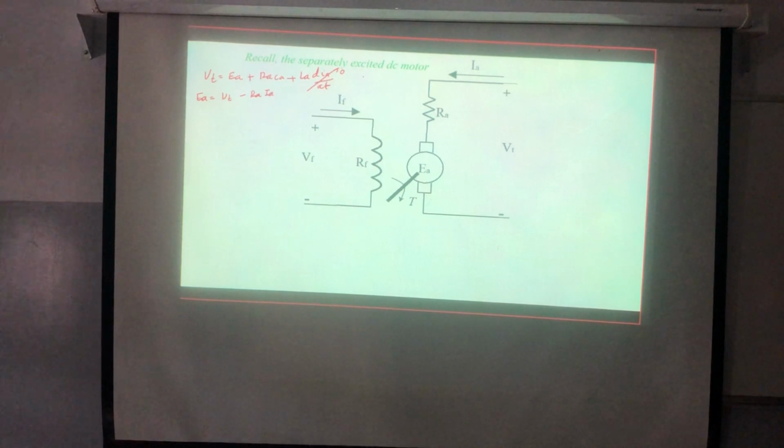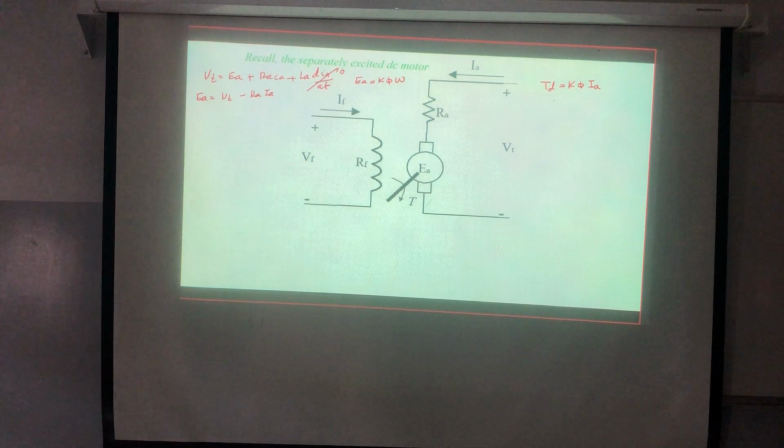And we know that EA is proportional to the speed, so it can be written as K phi omega. Correct? And we know that the developed torque TD can also be written as K phi IA. So there's a relation between TD and IA.